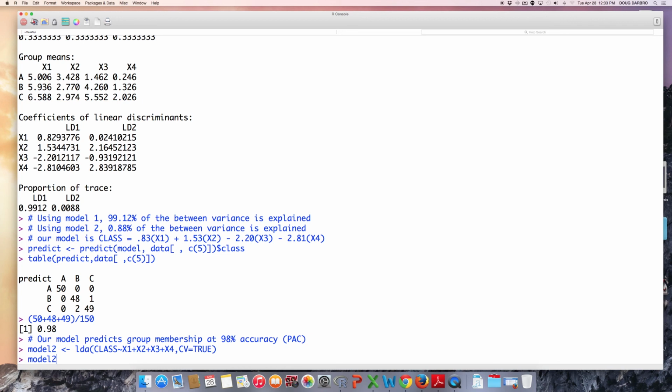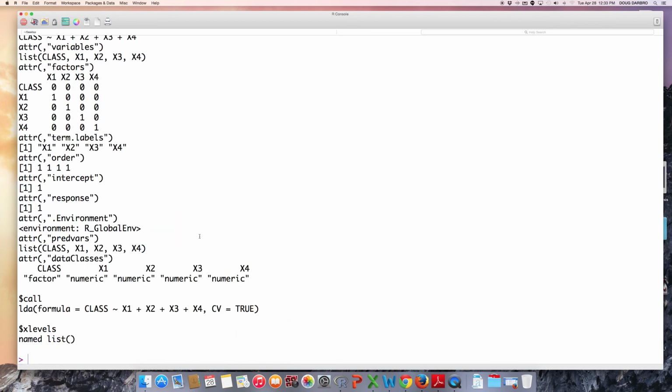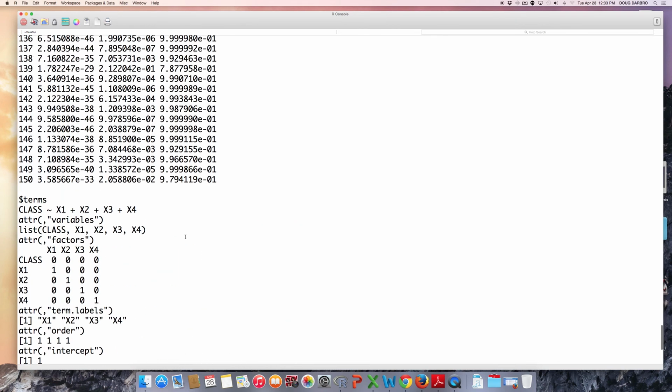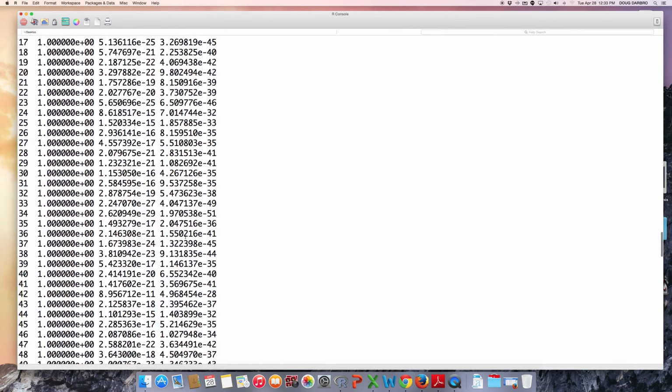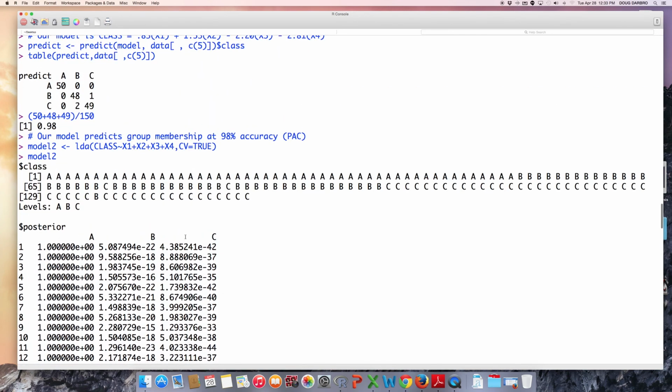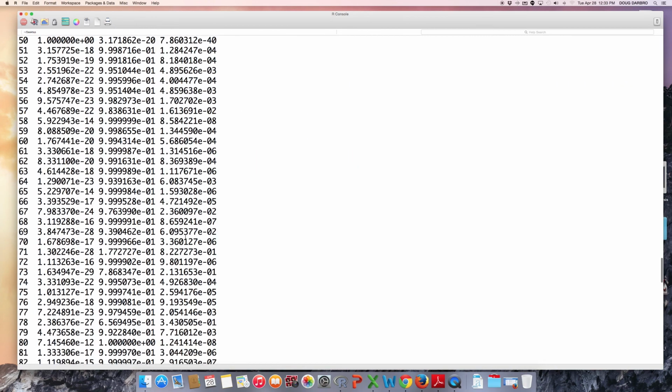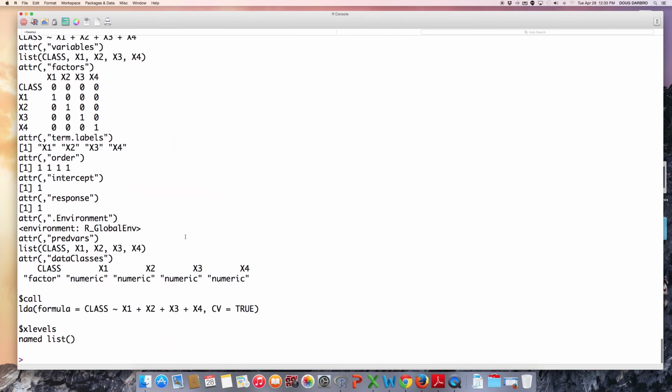Let's look at model 2. It's not going to be as interesting an output when you actually use the CV equal true, but nevertheless, it's going to lead to a basis for us to probably get more accurate classifications on prediction.